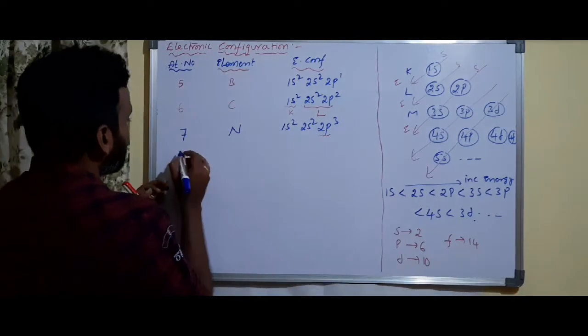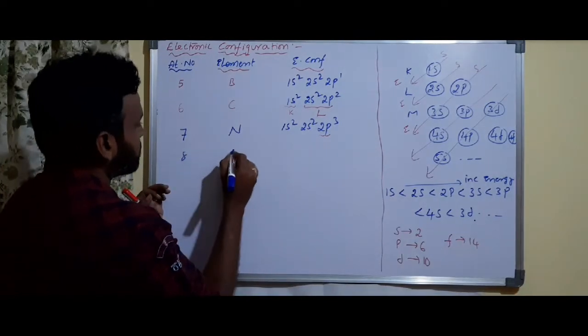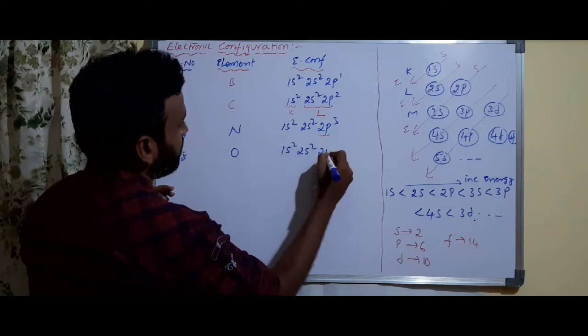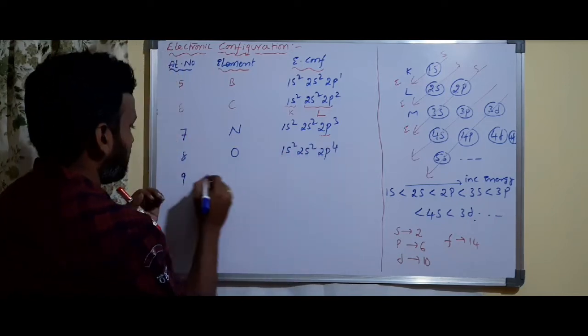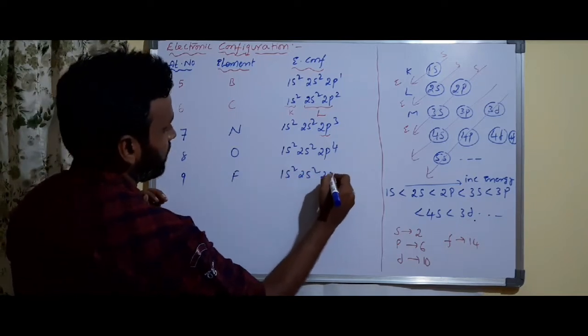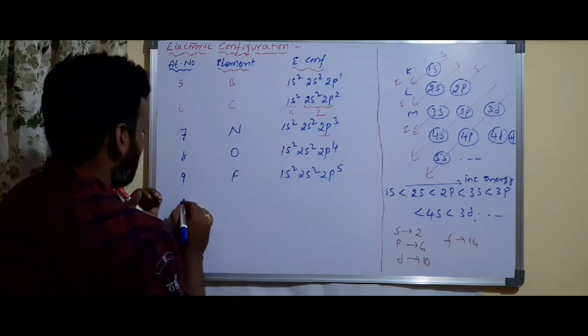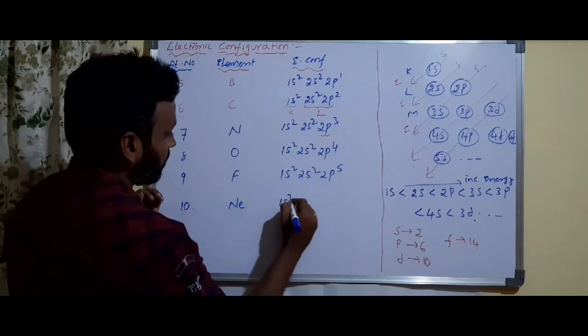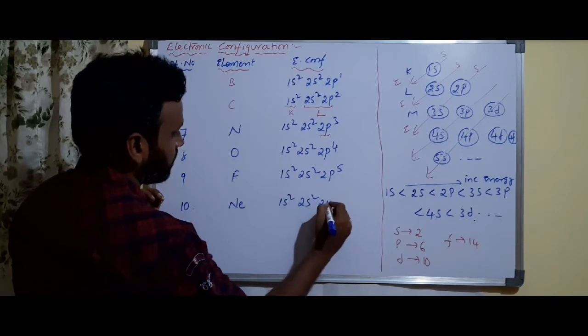Okay, next 8 is oxygen. Oxygen is 1s2, 2s2, 2p4. And next 9, fluorine: 1s2, 2s2, 2p5. Okay. Next 10, neon. Neon is 1s2, 2s2, 2p6.